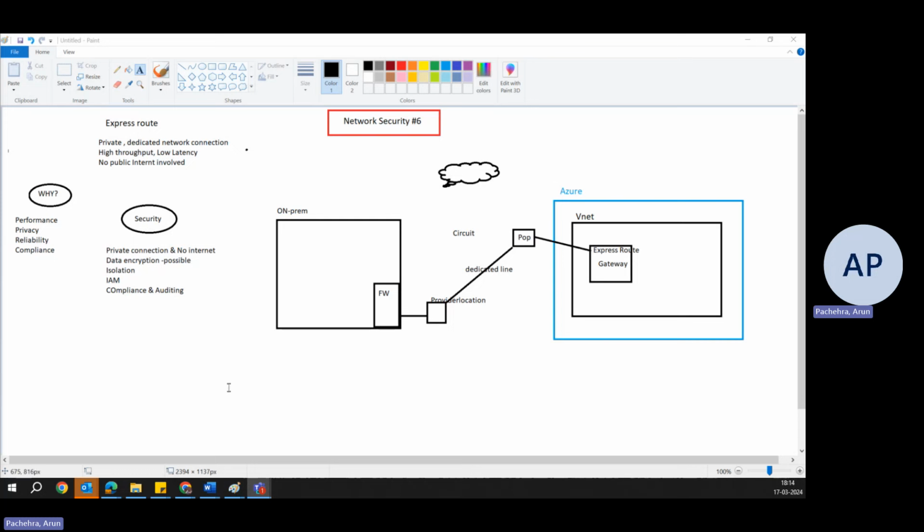Just to refresh your memory, this is what we learned in the previous video, where we tried to show the Express Route circuit. It would be more theoretical, so I wanted to show you the on-premises firewall, service provider location, POP or Microsoft Edge, which will let the traffic move to the Microsoft backbone.